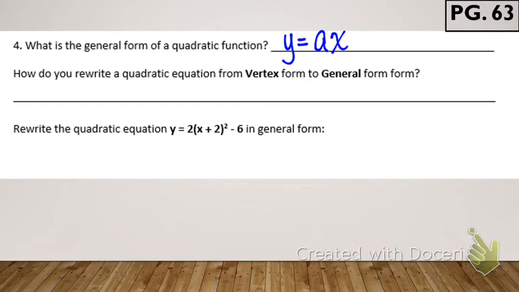Y equals ax squared plus bx plus c. If they give me vertex form, and I'm supposed to change it into general form, we will follow order of operations.